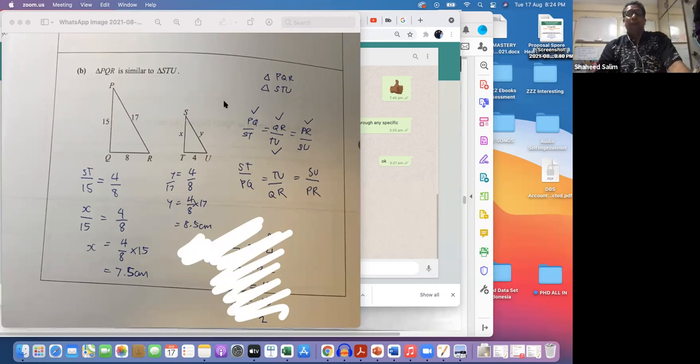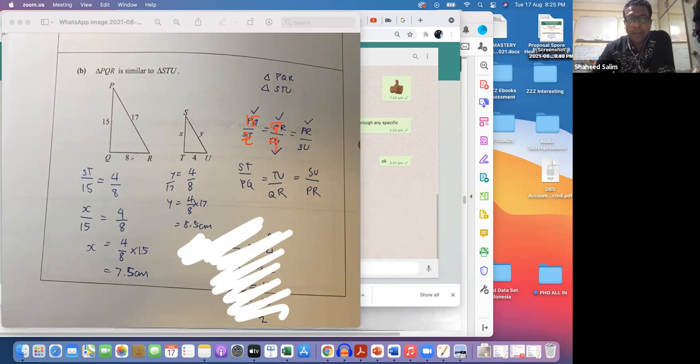You want the complex way of doing it, I'm going to give you the complex way of doing it. But you agree, if let's say I put down here X, now ST, I can put X here. And then ST is here. So I can put 15 number. Right now. And then QR is 8 over 4. Correct?